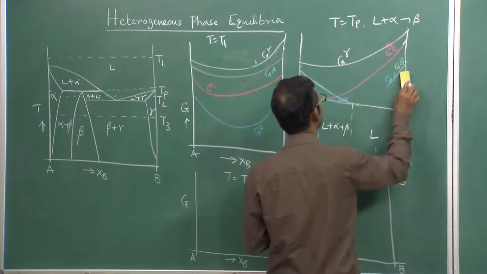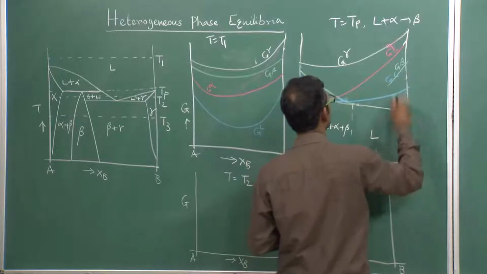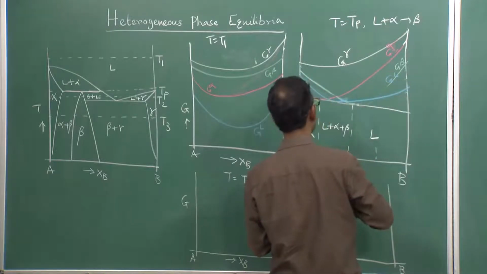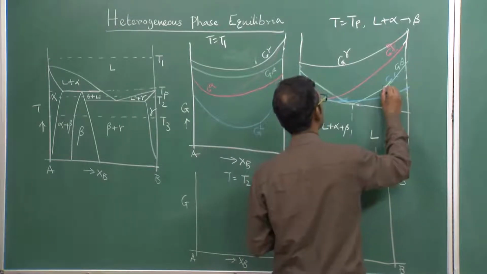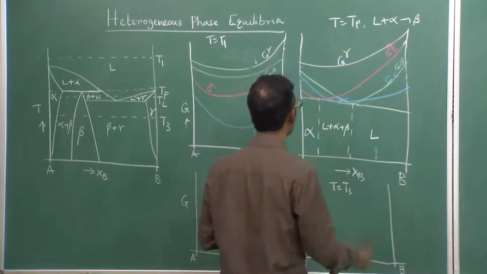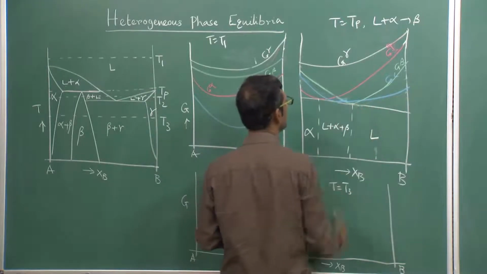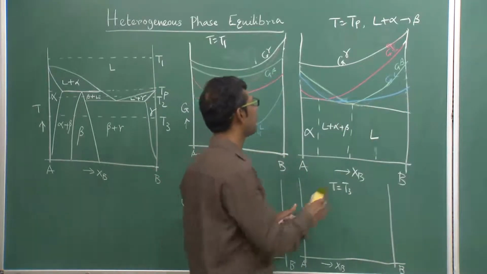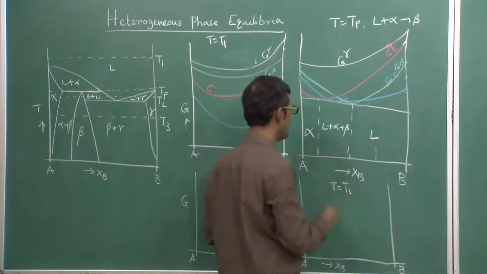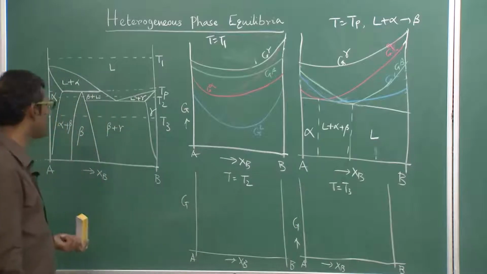So I'll do it, then I'll explain to you again. Okay, so this is the liquid. As you clearly see here, liquid is the bottommost curve in the composition range from here to there. Okay, so that's how it will actually look at temperature T equal to Tp.